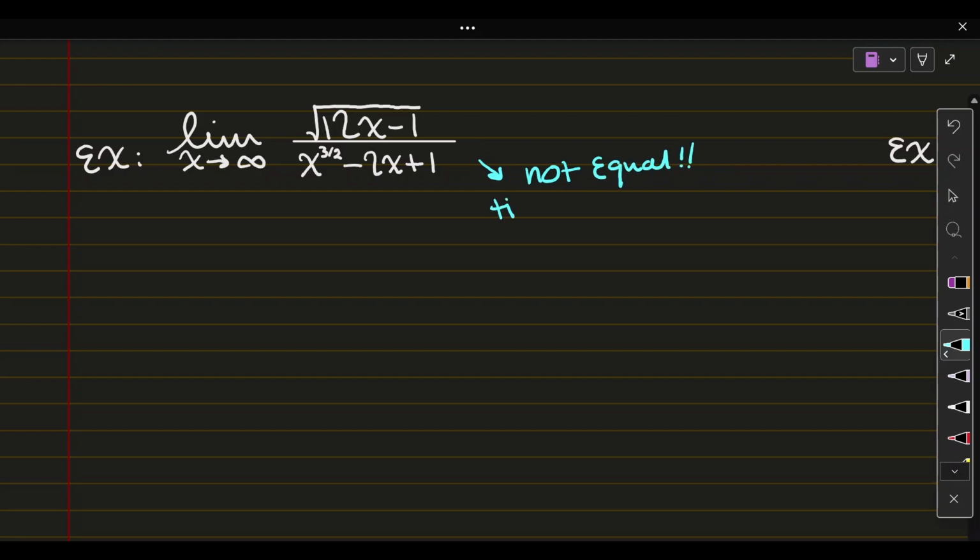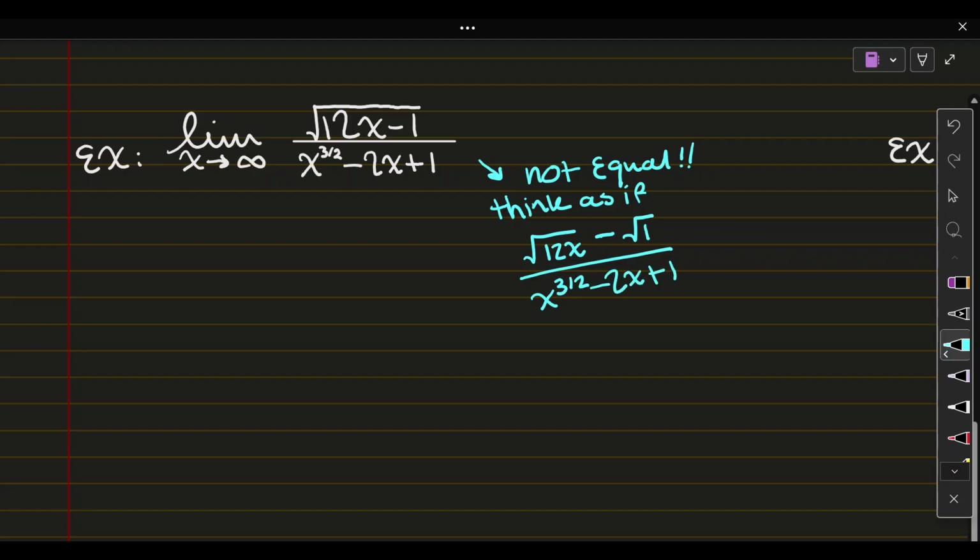But we can think as if we're looking at the square root of 12x minus the square root of 1 over x to the 3 halves minus 2x plus 1. So we're thinking as if this is going on.